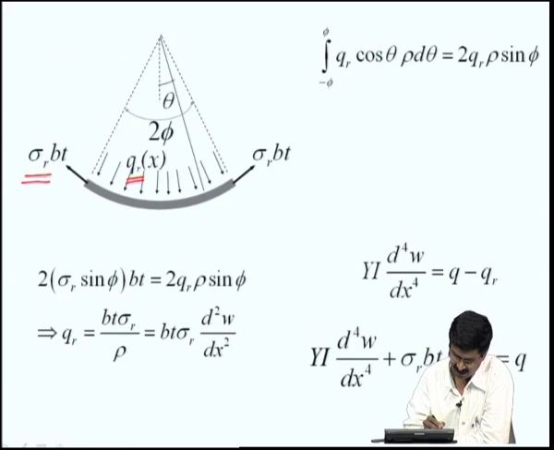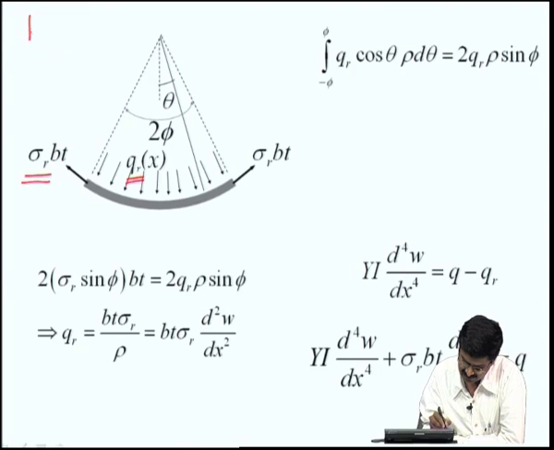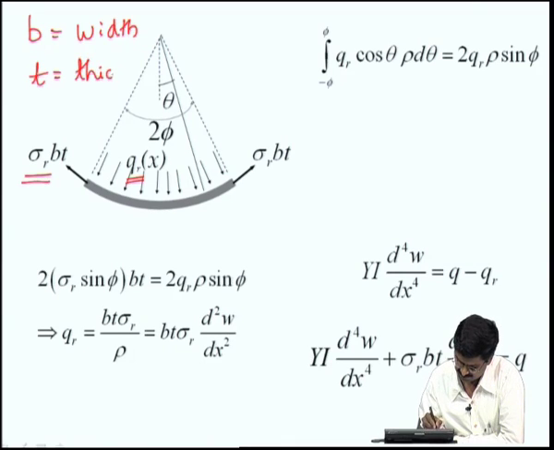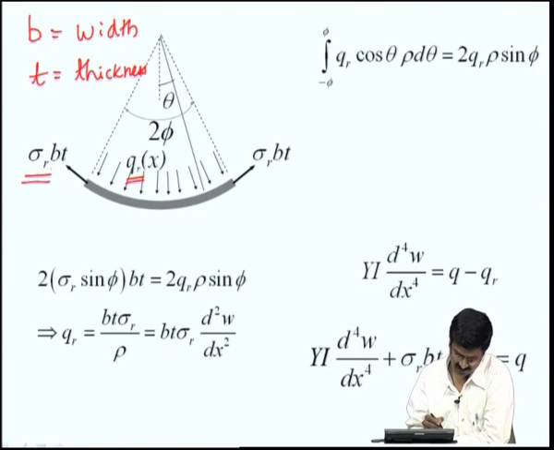Okay. Sigma r multiplied by B and T, where B is the width of the beam, let us say you assume rectangular cross section, and T is the thickness or depth of the beam. Okay. If you multiply them, this becomes area. If you have some other cross section, you simply put area on both sides.